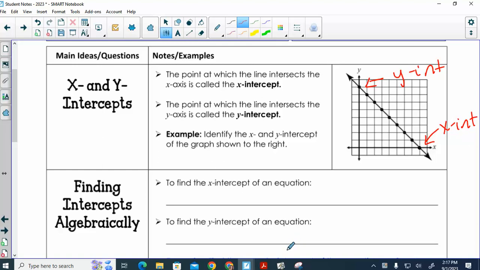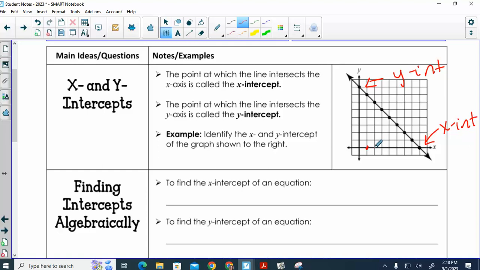All right. To find an x-intercept, let's think about this. If we were looking at points on the x-axis, what would be the ordered pair for this point? Remember, ordered pairs, x comma y. What's the x value here? 1, and the y would be 0 for this particular point. Okay, this point would be 2, 0.